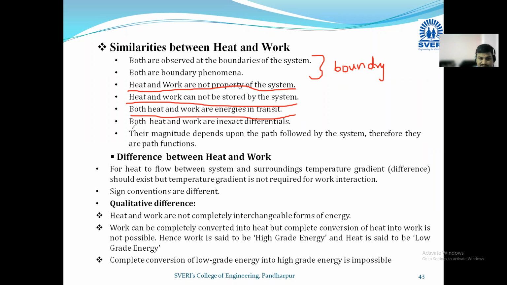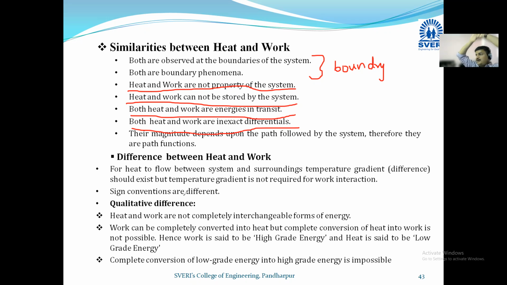Okay, so these are the inexact differential and the magnitude of the heat and work depends upon path followed by the system. पाथ फंक्शन मध्ये आपण ते पाहिलेलं आहे, पीव्ही डायग्राम आणि टीएस डायग्राम. पीव्ही डायग्राम खालचा एरिया इट इज नथिंग बट वर्क and TS diagram खालचा एरिया it is nothing but the heat.